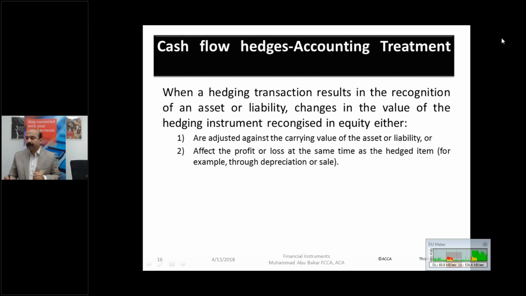Okay, welcome back. Let's discuss the illustration related to the cash flow hedge.